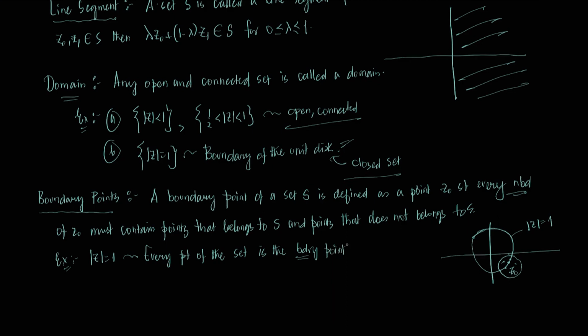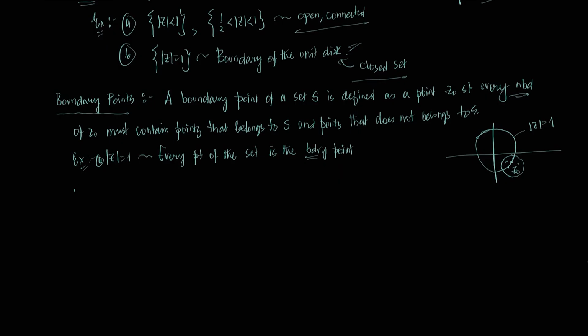Let us look at more examples. Let's say B: mod z less than 1. In this case, no point is a boundary point. Why? Because you have already seen that for any point in this set, you can always get an epsilon neighborhood which lies within the set.